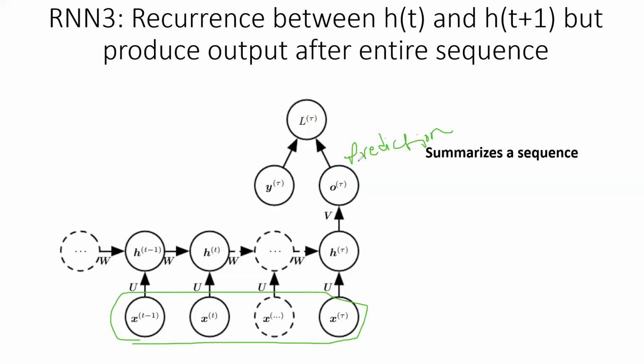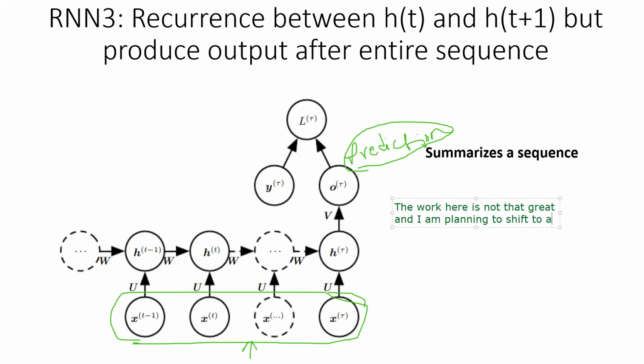One of the ways in which you can use this network is to make a prediction based on time. There could be a situation where on the input you will present a few things over different timestamps, and then you will want the prediction to happen. For example, let's say I write: the work here is not that great and I am planning to shift to another room.